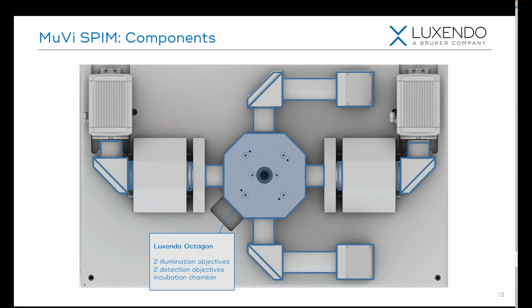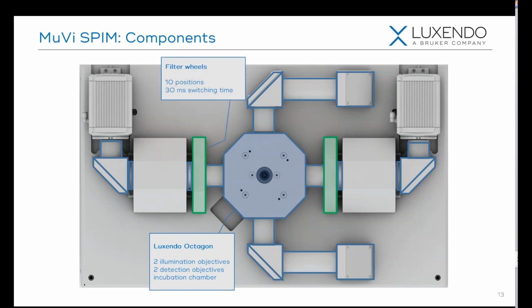A very popular choice for live cell imaging is illuminating with two 10x 0.3 numerical aperture water dipping objectives and detecting with two 20x 1.0 numerical aperture detection objectives. However, we do have other objective options available.